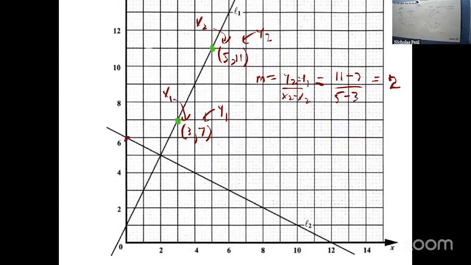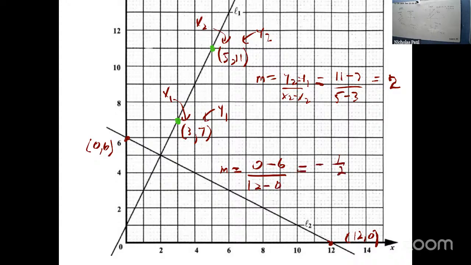It doesn't matter what points you choose, but I will choose 0, 6 and here, 12, 0. Y2 minus y1 over x2 minus x1, so 0 minus 6 over 12 minus 0. I got minus a half.